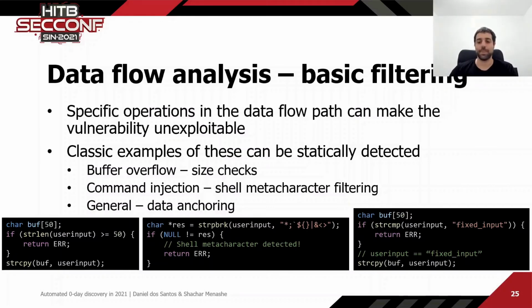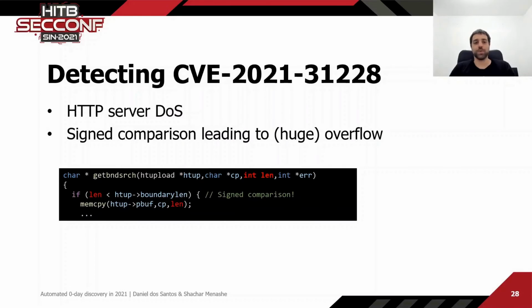Here's an excerpt from the code. It's pretty obvious. We have the function getBound search. Here len is actually user controllable, and I'll show why it's user controllable. And here we have an if condition. If len is smaller than some boundary length, then do the memcpy.